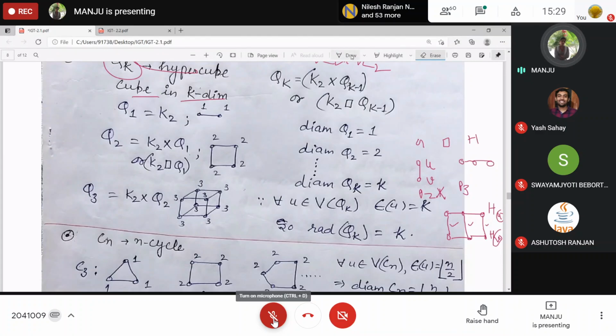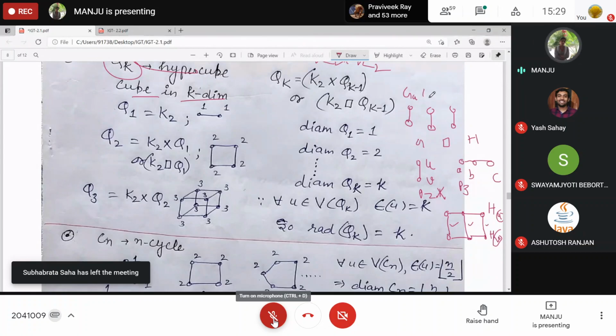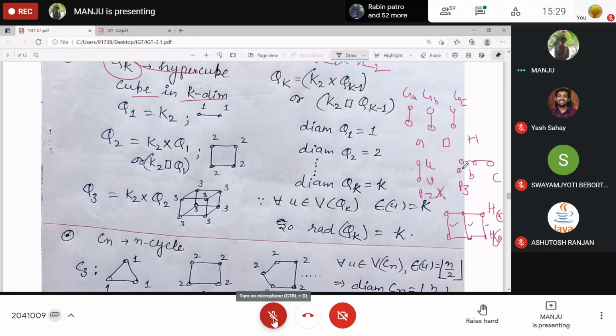So first, if you want to put the copy of G in place of each vertex of H, what you will do? This is one copy for A, B, C. This is the copy of G at A, this is the copy of G at B, this is at C, the copy of G. Now you just check whether A and B are adjacent in H or not. This is G_A, this is G_B, this is your G at place of C. Now, are A and B adjacent in H?